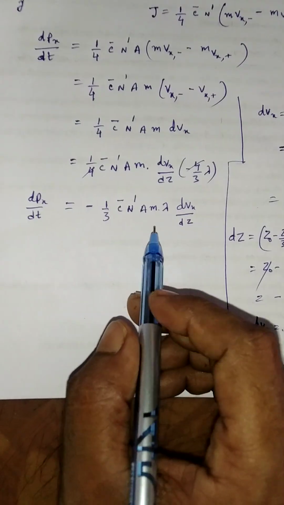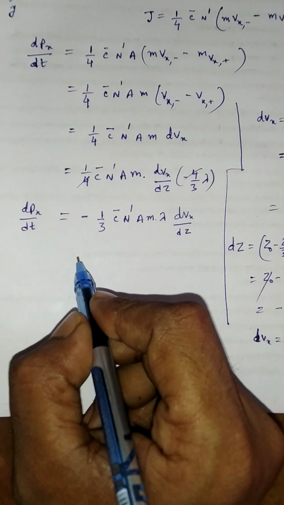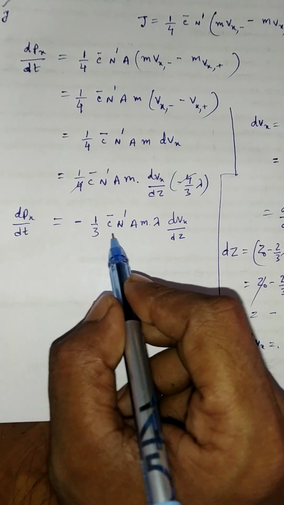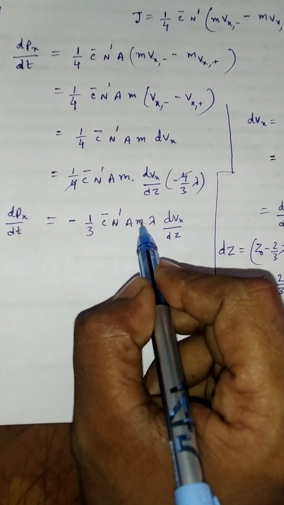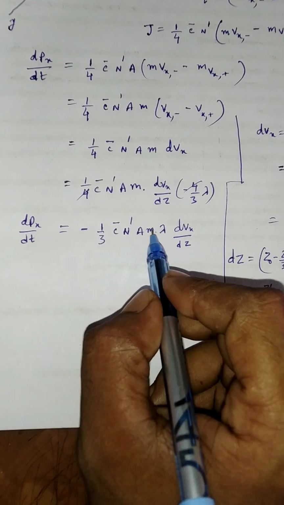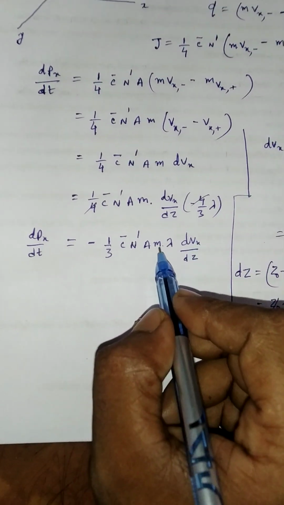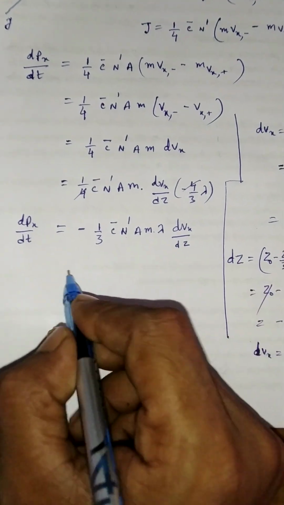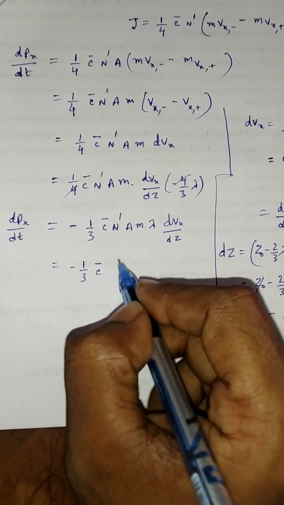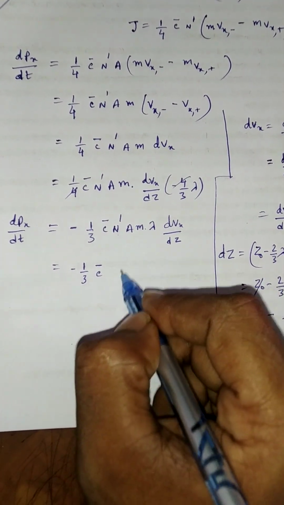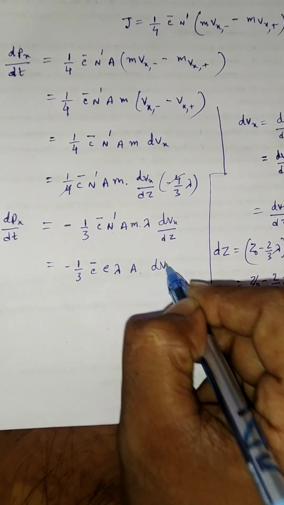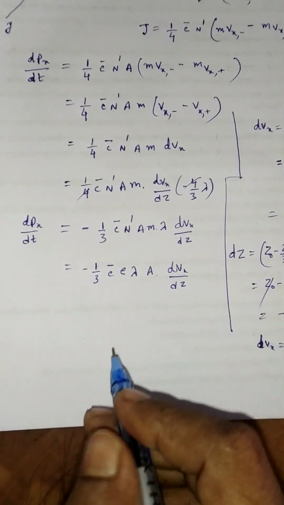Now we know that N dash m is the mass of the gas per unit volume, so in place of N dash m we can write rho. So minus 1 by 3 C average rho lambda A dVx by dz.